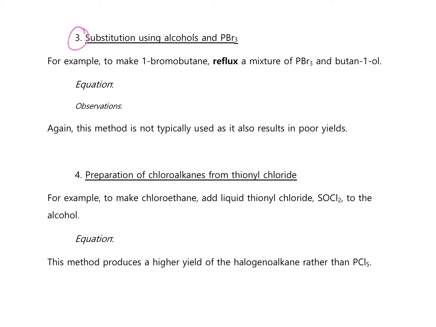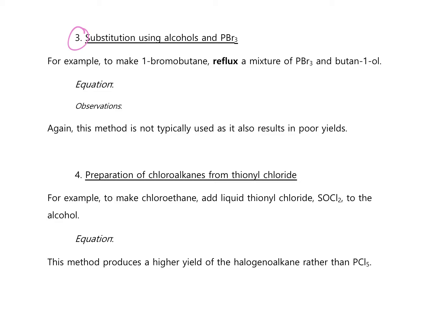The next method we can use is by reacting alcohols again, but this time with phosphorus tribromide. So the previous example was the reaction of alcohols with phosphorus pentabromide. This time we can use phosphorus tribromide or phosphorus trichloride and so on.